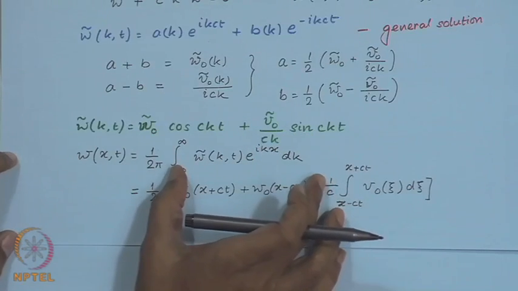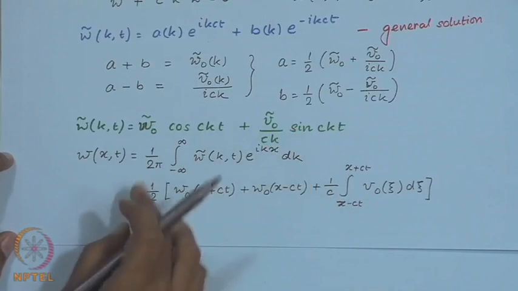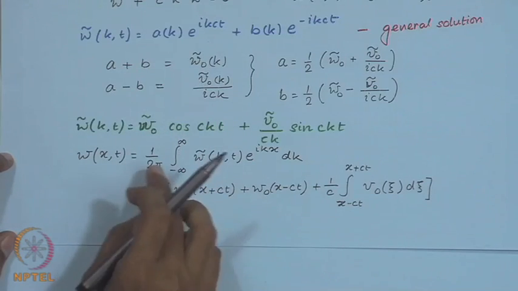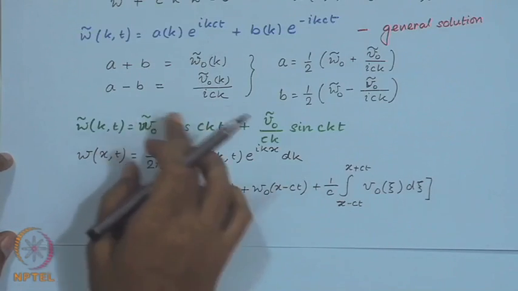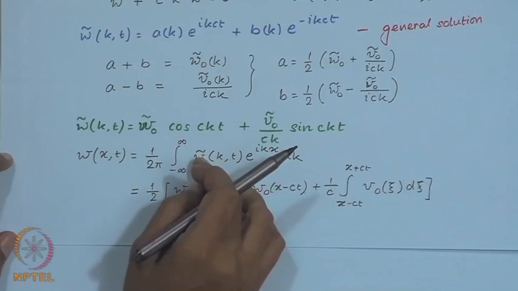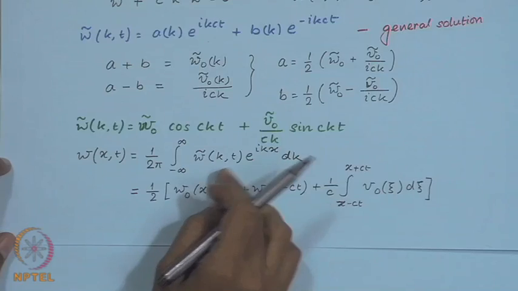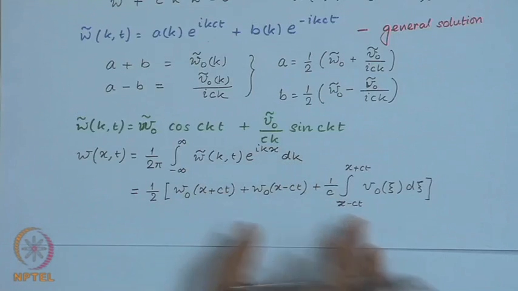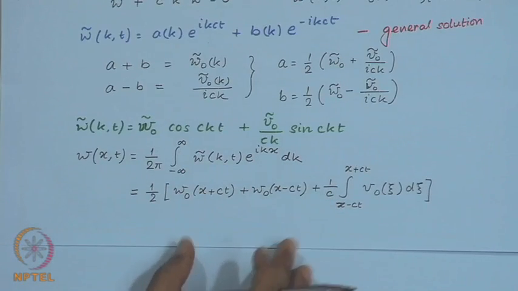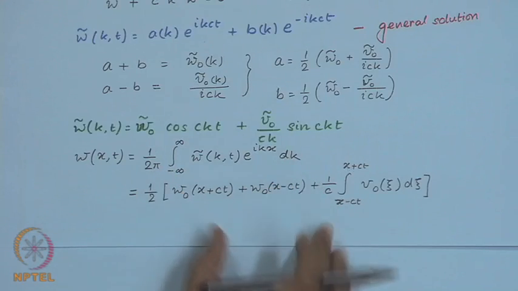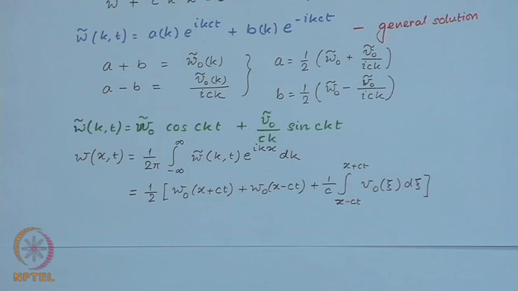So, you substitute this here and use the definitions of this w 0 tilde. When you put this in the inverse Fourier, then you will get w 0 and this has to be evaluated at x plus c t and x minus c t. So, this is more or less straightforward and you can obtain this solution.